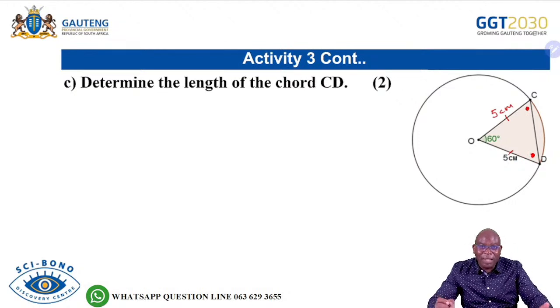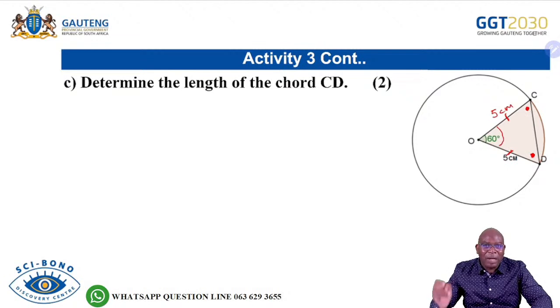Remember, now we're integrating the geometry that we have done in grade 9 and grade 8. So we say these two sides are equal, which means that these two angles will be equal. So already I've got 60. I need 120, and out of the 120, these two angles must share. So if they share, it means that that will be 60, that will be 60.